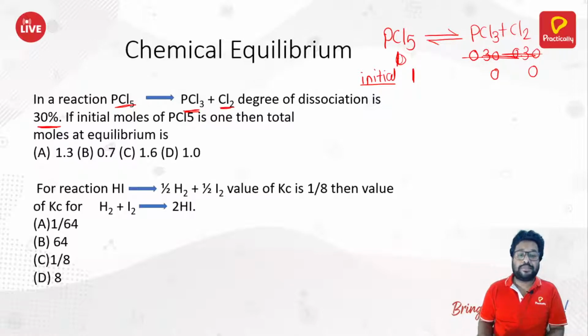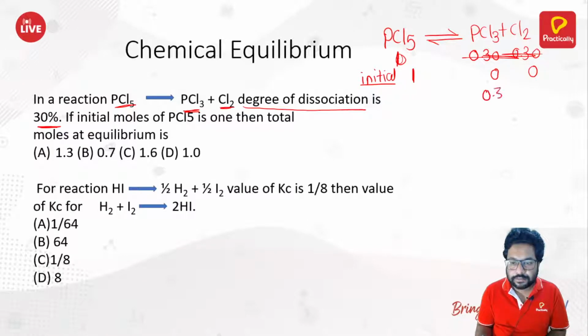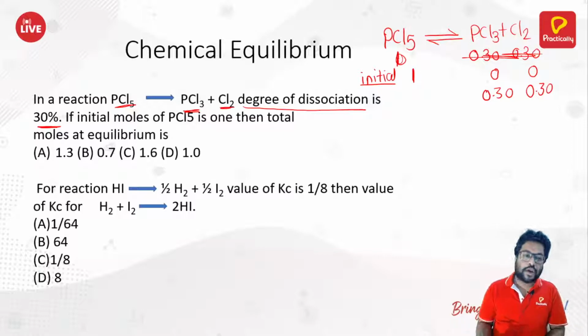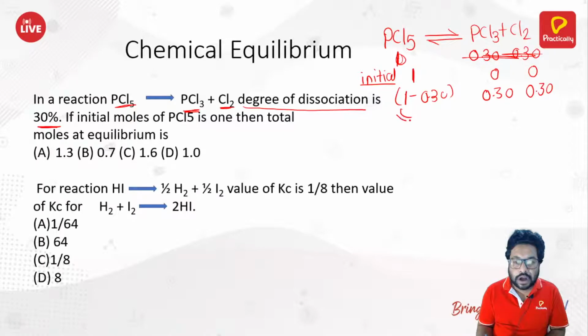Then the degree of dissociation is 30%, so PCl3 is 0.30, Cl2 is also 0.30. So 0.30 has been dissociated. How much PCl5 must have remained? 1 minus 0.30, which is 0.70. This is at equilibrium.